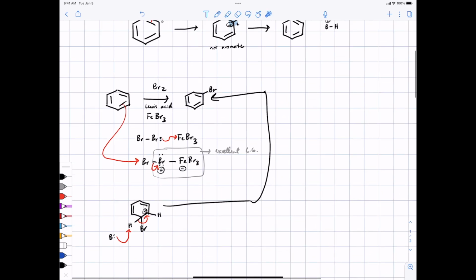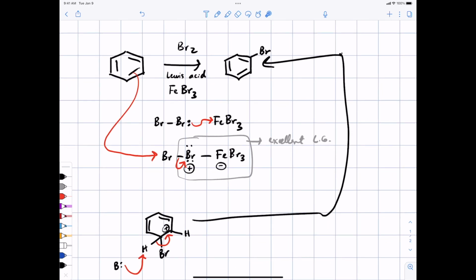Reaction number one is aryl halogenation. We said we need a Lewis acid to kick up the electrophilicity of bromine. So when electrons from bromine donate into an empty orbital in iron, we don't need to worry about what that is.